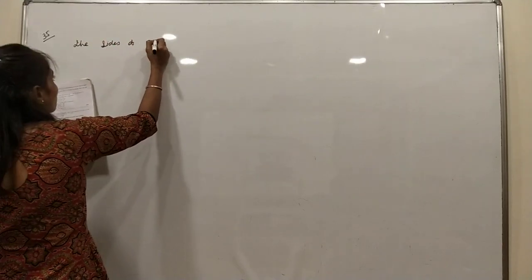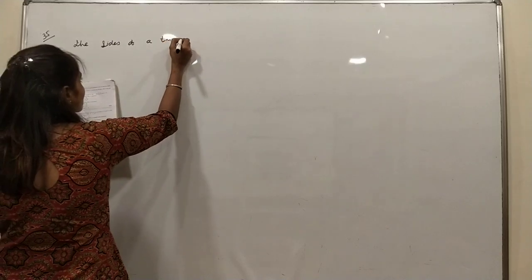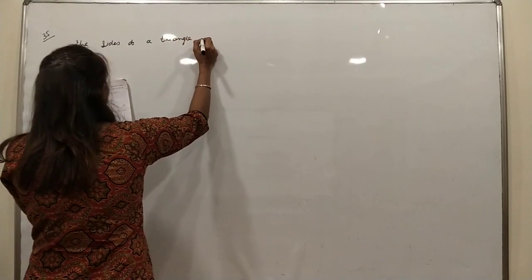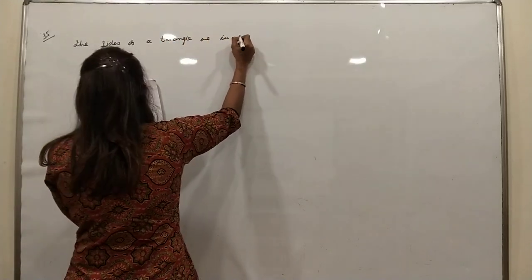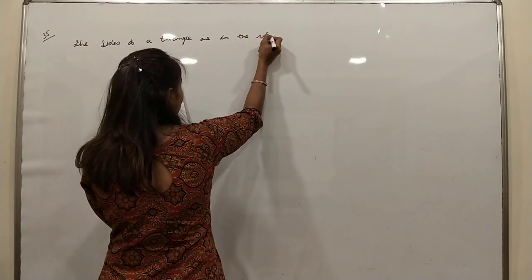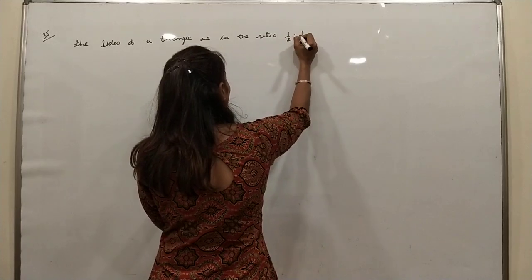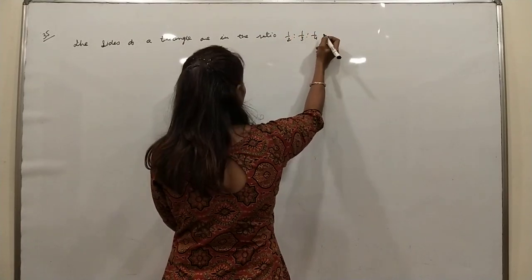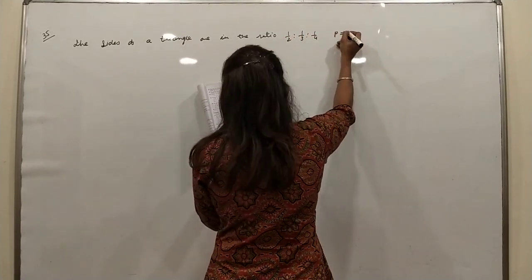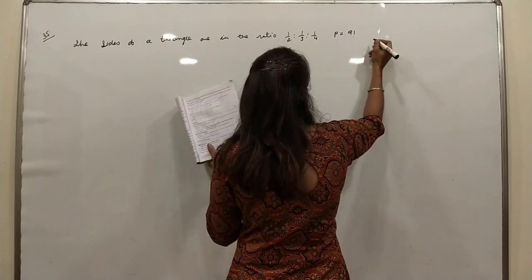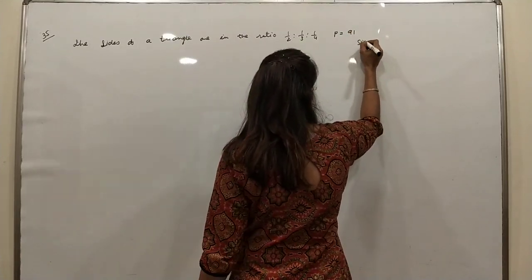The sides of a triangle are in the ratio 1/2 is to 1/3 is to 1/4 and their perimeter is 91. Then find the length of the sides.